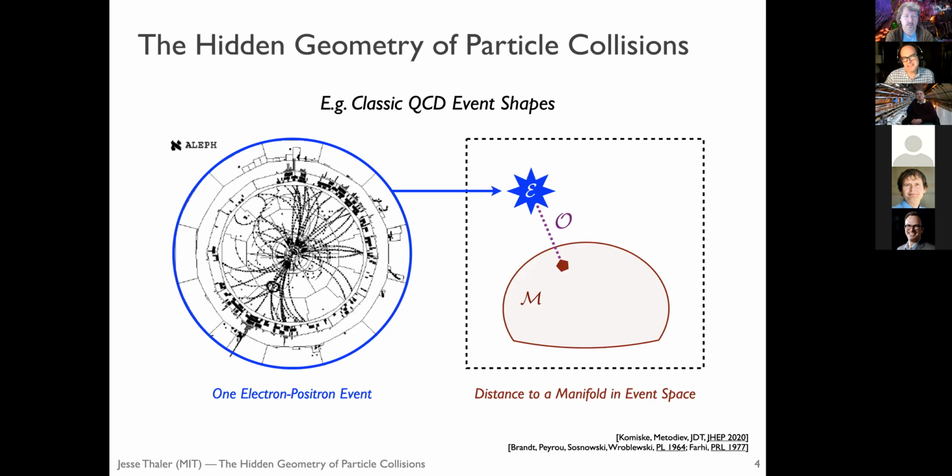And it turns out that some of the ideas going back to the early days of QCD are related to distances between events in this abstract space and manifolds in this abstract space. And a variety of collider data analysis strategies actually have a geometric meaning. Not a geometric meaning in the ordinary meaning of the collider geometry, but a geometric meaning in this emergent geometry that I'm going to be explaining today.